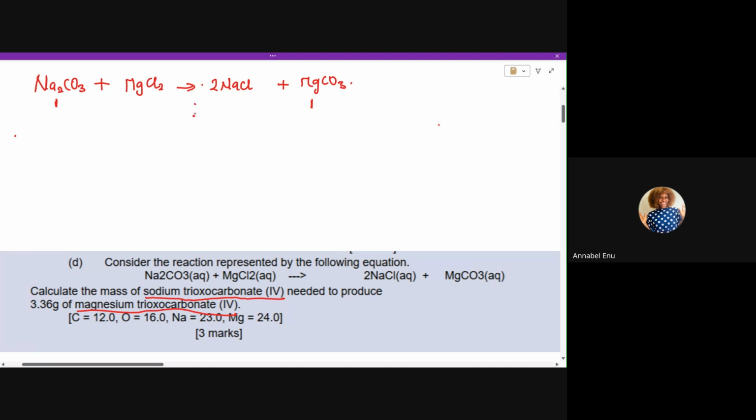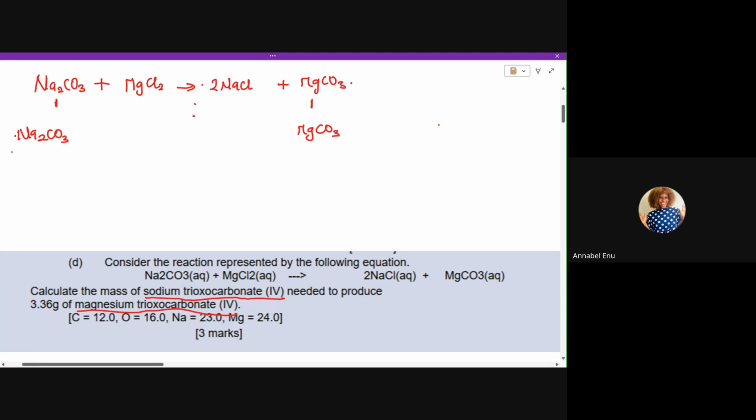So we require 1 mole of sodium tricarbonate to give us 1 mole of magnesium tricarbonate. This side is for sodium tricarbonate, and this side is for magnesium tricarbonate.